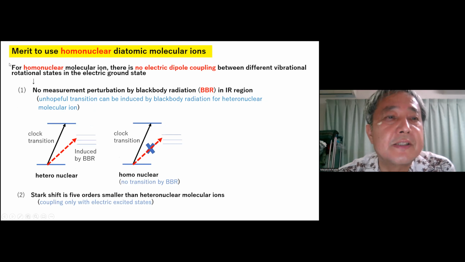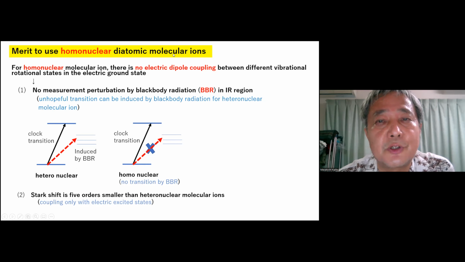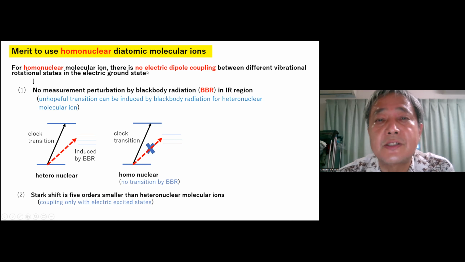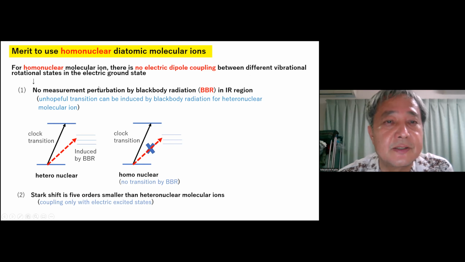So I want to argue the merit of using homonuclear diatomic molecular ions. For a homonuclear molecular ion, there is no electric dipole coupling between different vibrational-rotational states in the electronic ground state. So there is no perturbation by blackbody radiation in the infrared region.